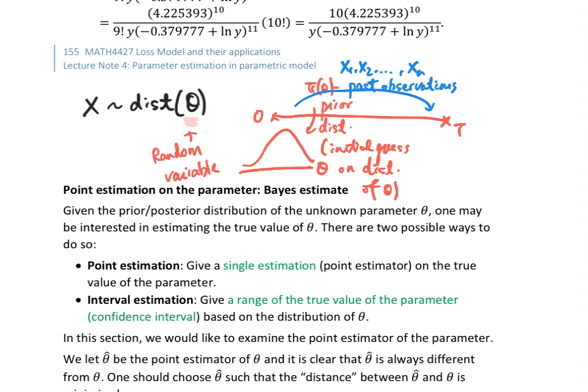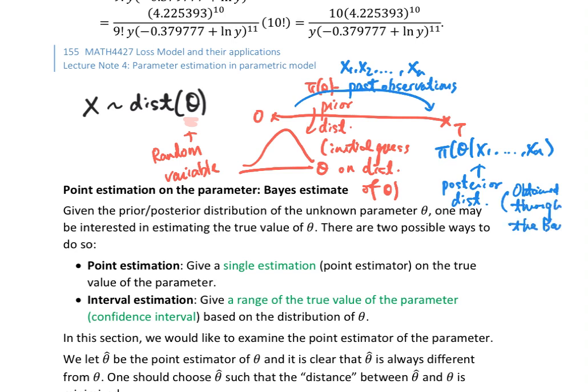Using this data, you are able to update your conjecture on the distribution of theta through the Bayes rule, and obtain what we call the posterior distribution, which is your updated guess on the values of theta.